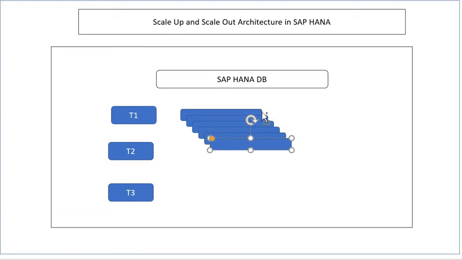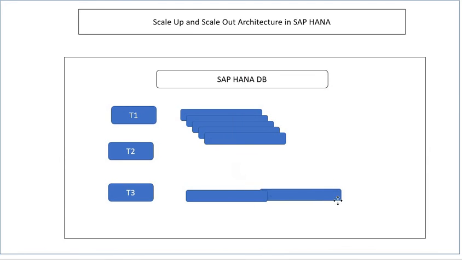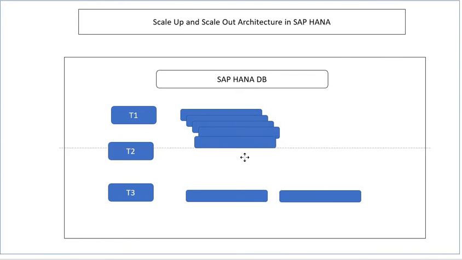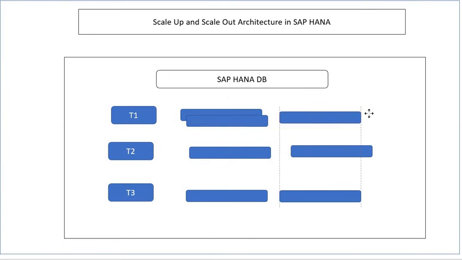Let me draw this for your understanding. So there will be multiple nodes, node 1, node 2, like that, and there will always be a master node in all the tenant databases.